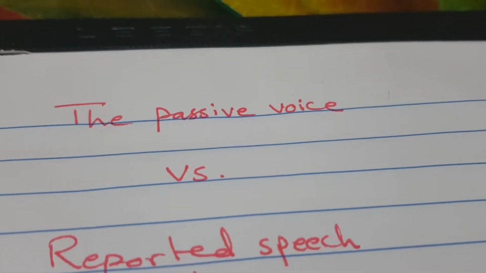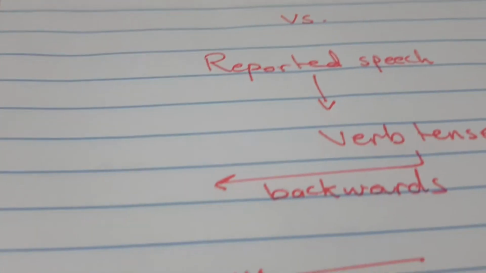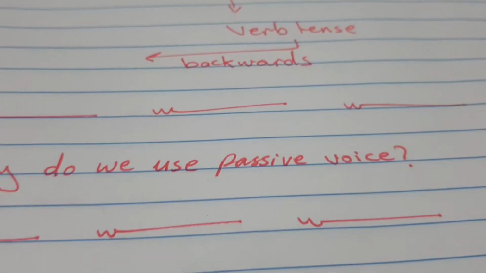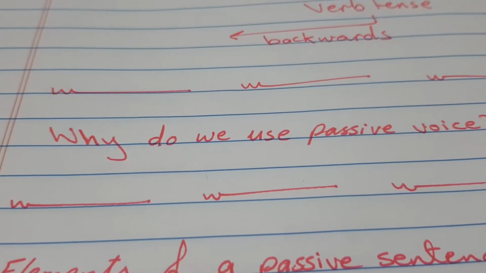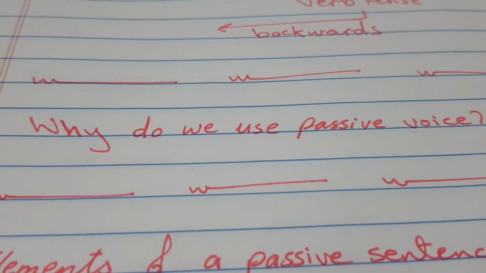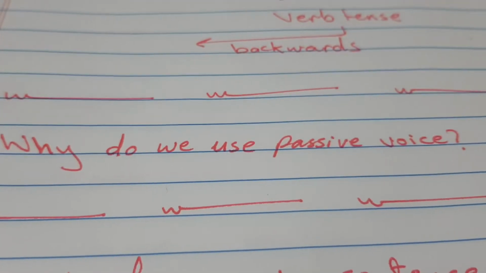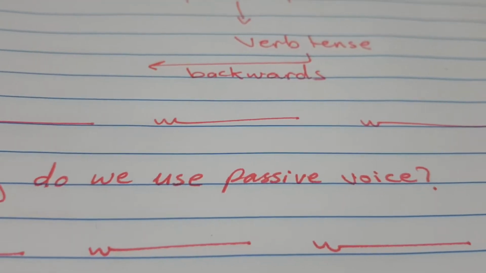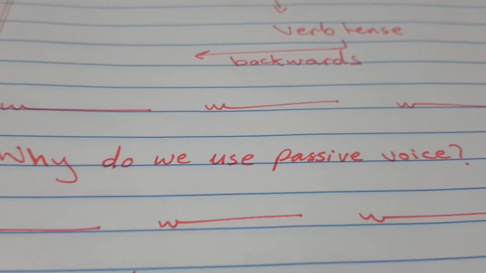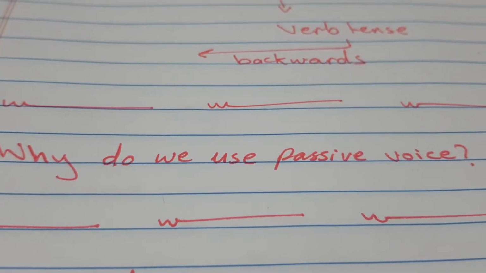Now, the second point that we need to talk about is why do we use passive voice? There are many reasons. The first one is that the person who carries out the action is either unknown or unimportant.